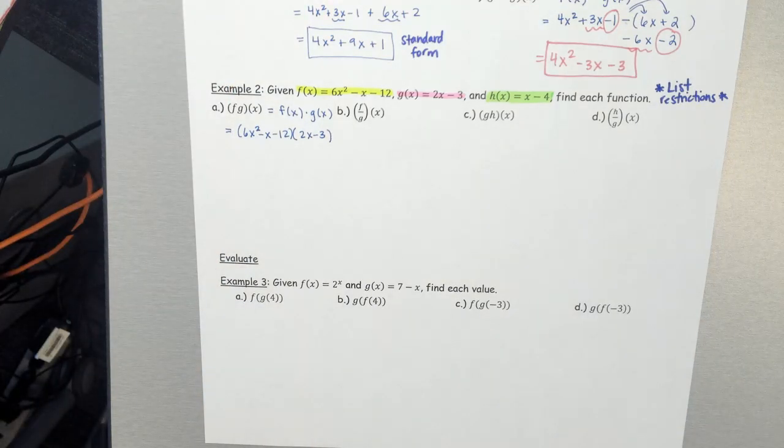We're going to distribute 2x to everything and then negative 3. So try that for part A.